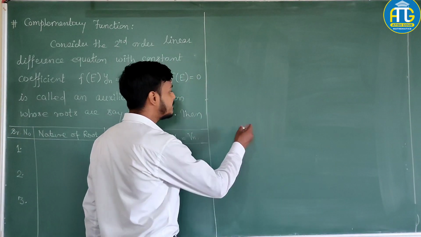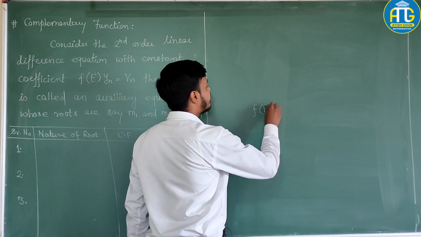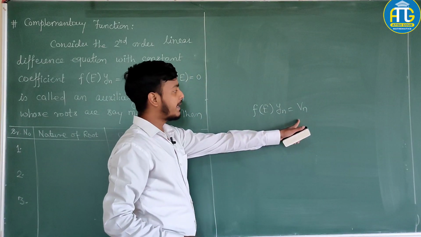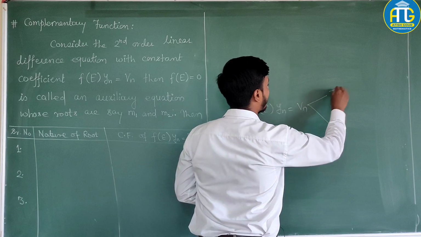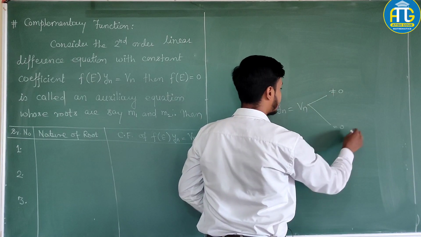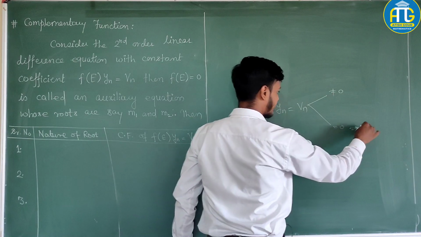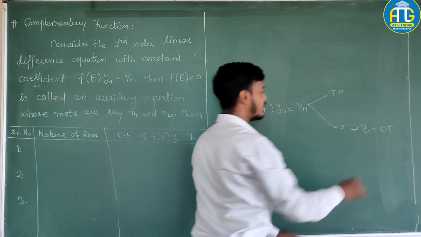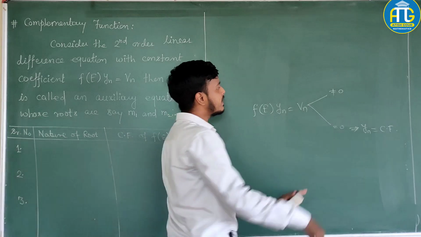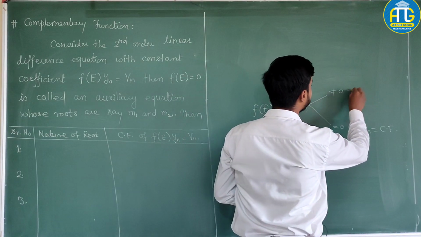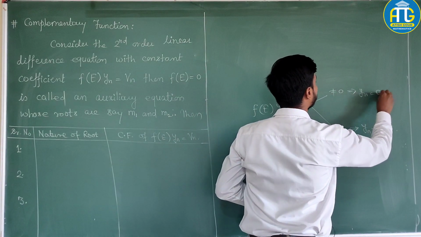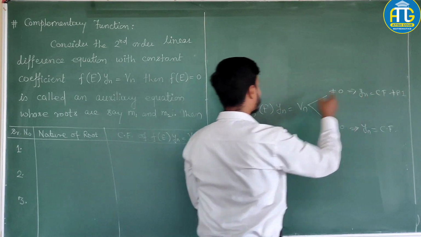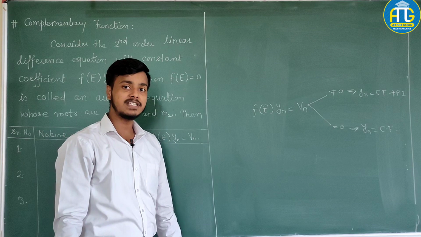And if you remember, if we have a difference equation like this, depending on whether Vn is equal to 0 or not equal to 0, we have the solution. Yn is equal to CF is the solution for homogeneous, and if it is not equal to 0, then Yn is equal to CF plus PI is the solution for non-homogeneous difference equation.